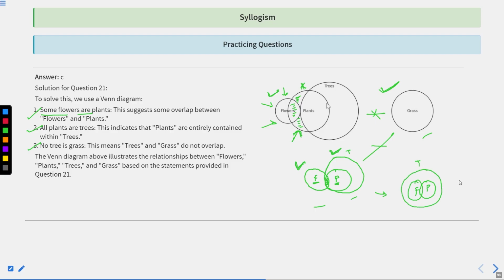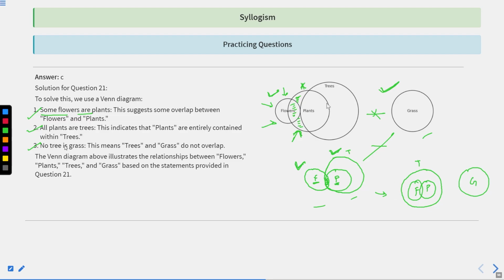Can't it be like this also? Can we draw the Venn diagram in this manner also? Is this alternative Venn diagram suggesting the same inference that has been mentioned in the statements? Some of the flowers are plants. Correct. All plants are trees. That is also correct.